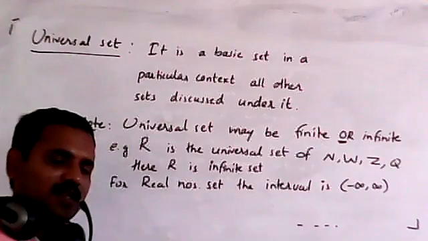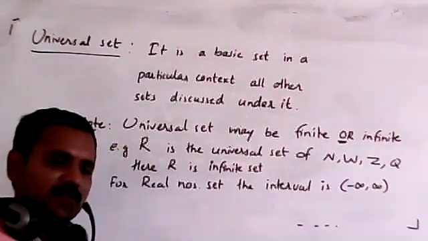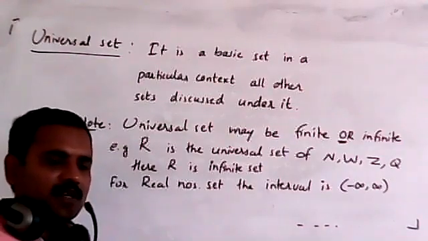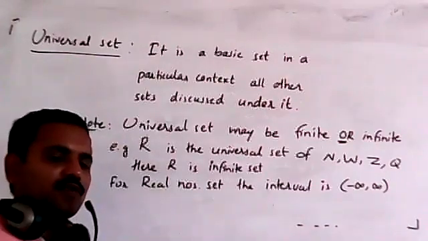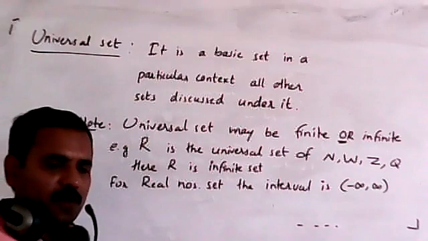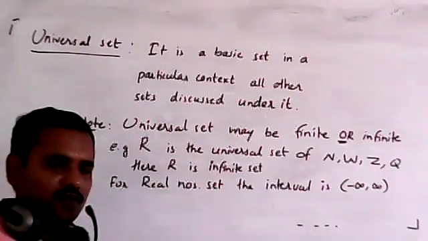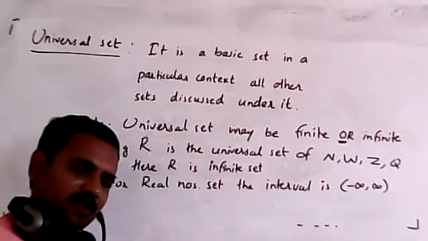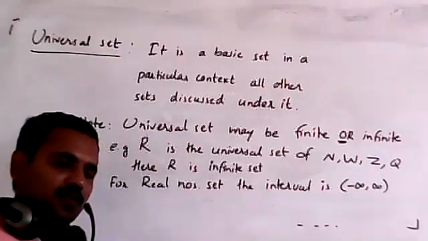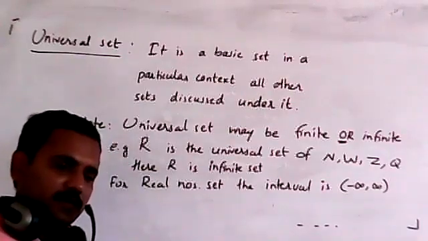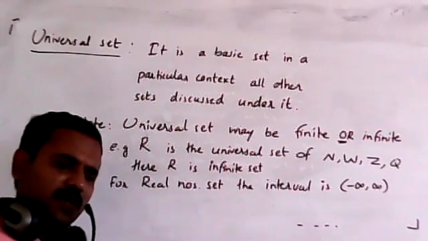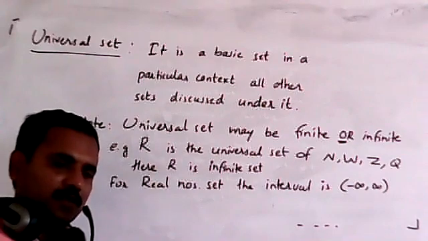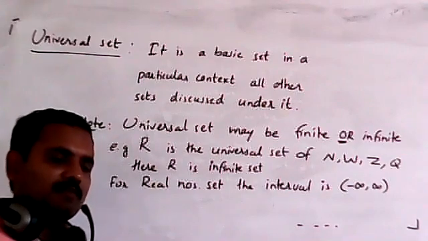As I told you, suppose 10 and 20, the two numbers I have given. If I ask you to include only the numbers between 10 and 20, how will you write? You write open brackets on both sides: open bracket 10, comma 20, open bracket. For complex numbers, suppose I say root of minus 2 and root of minus 10. In between numbers, you can write like this: open bracket root of minus 2, comma, root of minus 10.